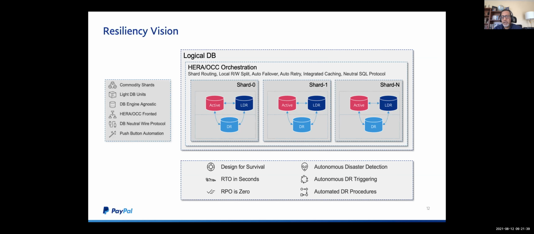A lot of the observability platforms that we are building is towards that. Autonomous DR triggering. How do we fail over a lot of these things automatically? And we have created procedures, automation, and so on. That's our end goal. We are getting there. We are on that journey. So we'll get there with all these autonomous databases, autonomous failovers, autonomous recovery, and autonomous operations, right? So this is a resiliency vision.